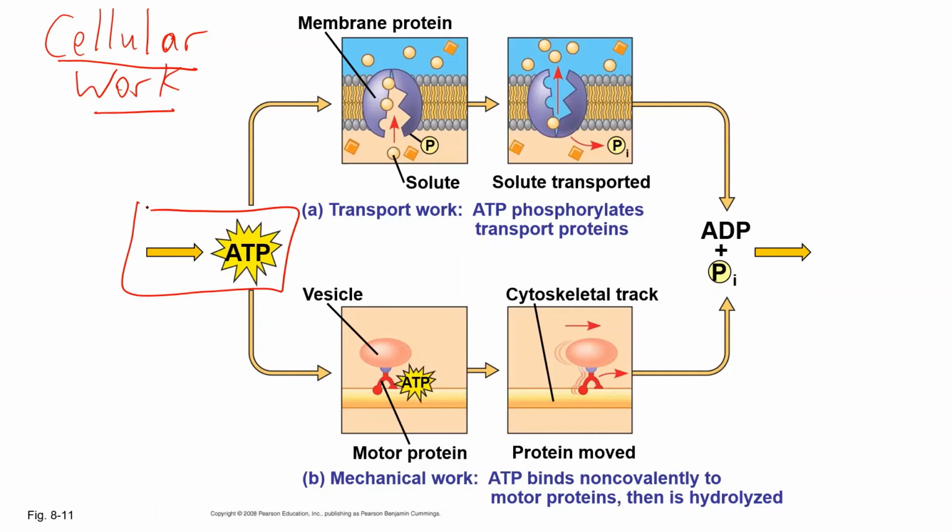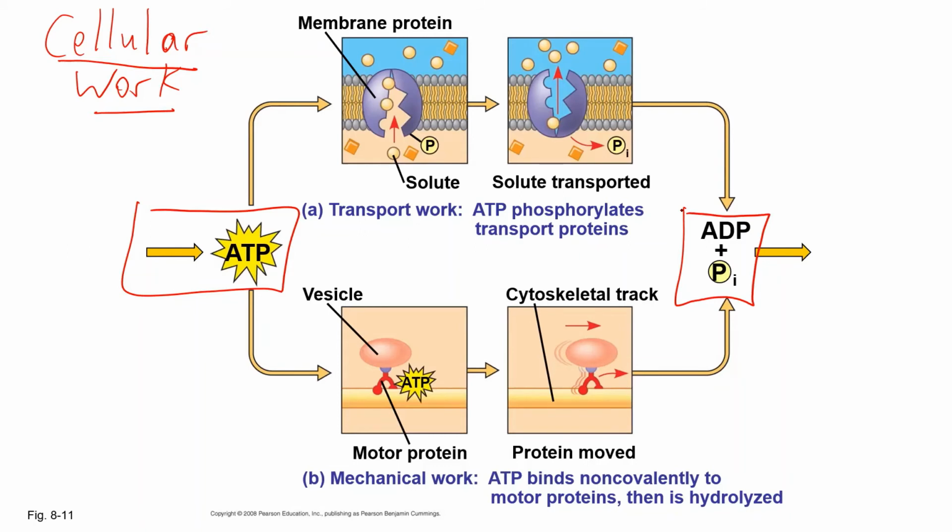So we're moving things, and that's very obvious as work. You can see in the end we've got ADP. D is for di, it's lost a phosphate, so it has 2 phosphates instead of 3, and it's got that inorganic phosphate there. On the bottom we're moving something around as well, and in this case we're moving around an organelle, and that's more cellular work, right?